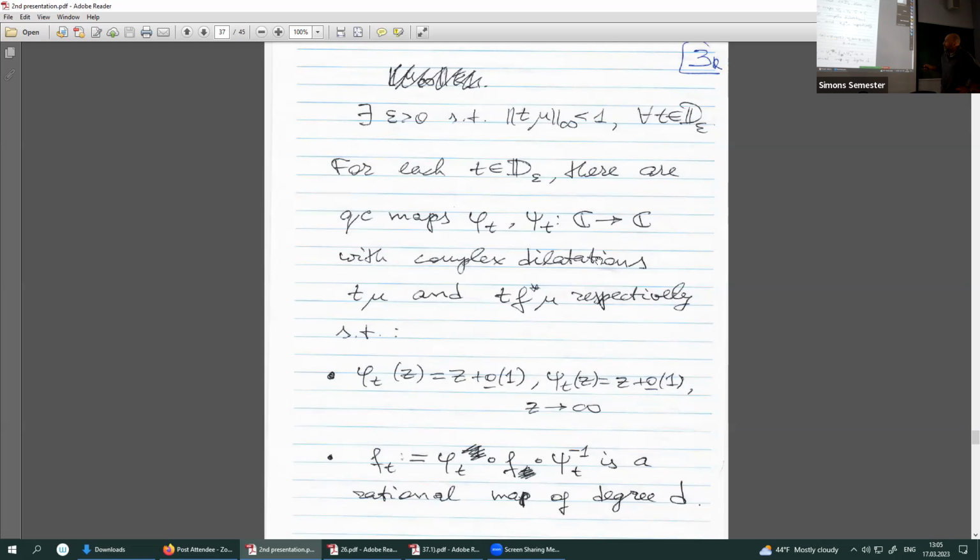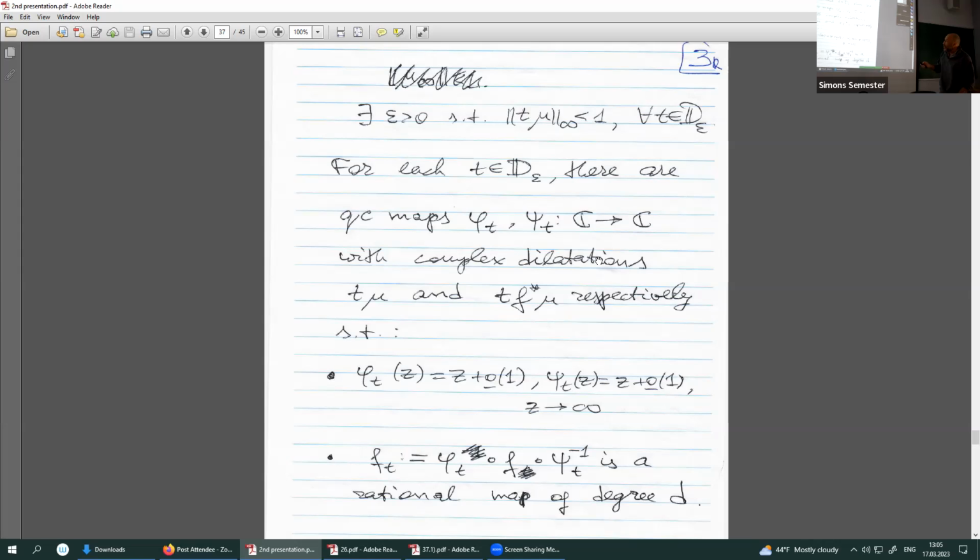Let me just say a few words about this. How to construct this family Ft? It is like this. So take any mu, but for some technical reason, because we need to find the derivative with respect to the parameter of quasi-conformal families, we need a normalization at infinity. The map is holomorphic with this normalization.